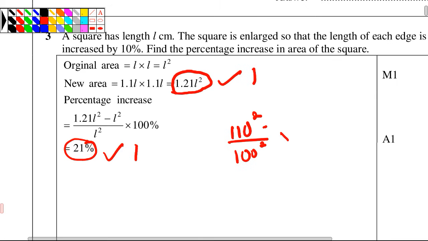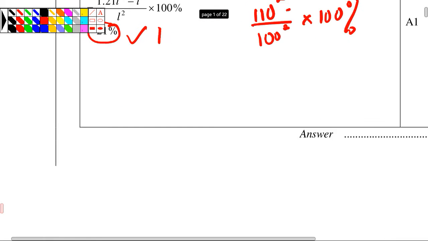Can. Then times 100%, right? Can. Accepted. You get the same answer, right? Okay, next one. Quickly mark.